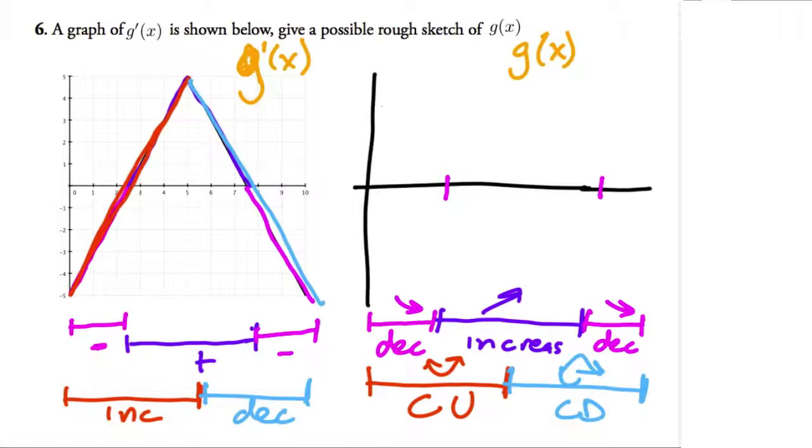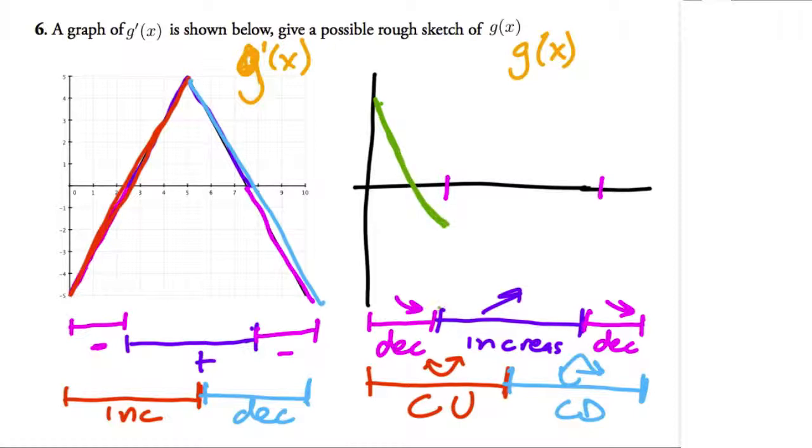Because here it's concave up and decreasing. And again, remember, since you don't have any initial information about your function, you can start it anywhere on this axis. So I'm just going to start it up here. What color should I use? How about green? So it's going to be decreasing, concave up, decreasing. I said increasing, but I meant decreasing.